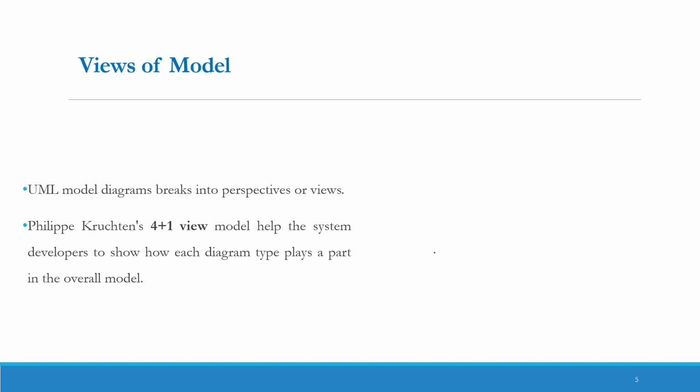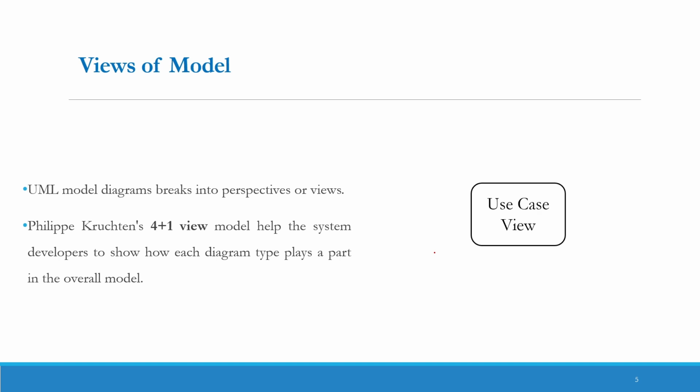So how are we going to visualize, view, and understand the model? Here we have five views of a model. Every software developer must view these fundamental views of the model, also known as Philippe Kruchten's 4+1 model. The first is the use case view. The use case view is related to the functionality of the system, understanding what the system is supposed to do.